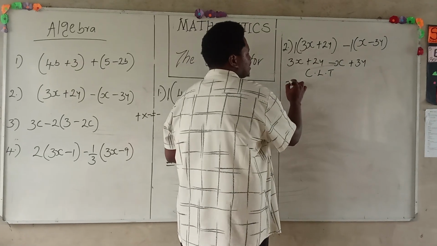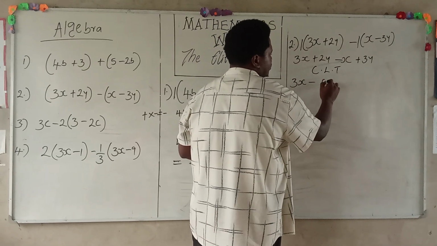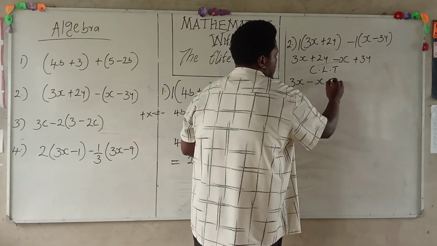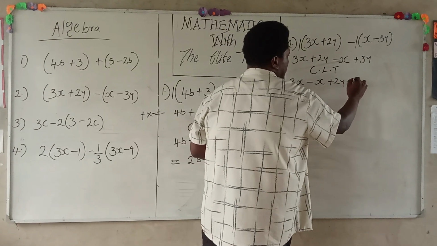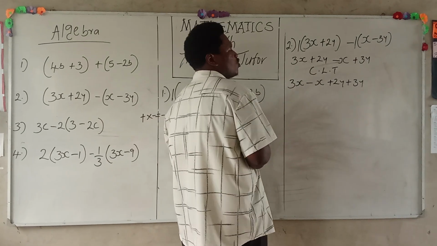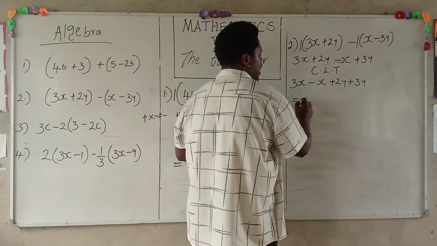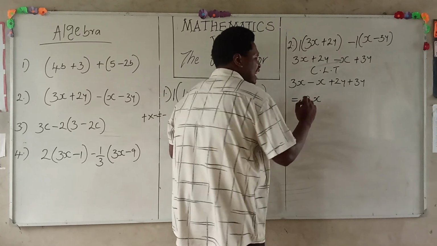So we have 3x, our like terms, minus x plus 2y plus 3y. Now, after collecting like terms, we go further to simplify. 3x minus x, we are going to have 2x. Now, let me say something.